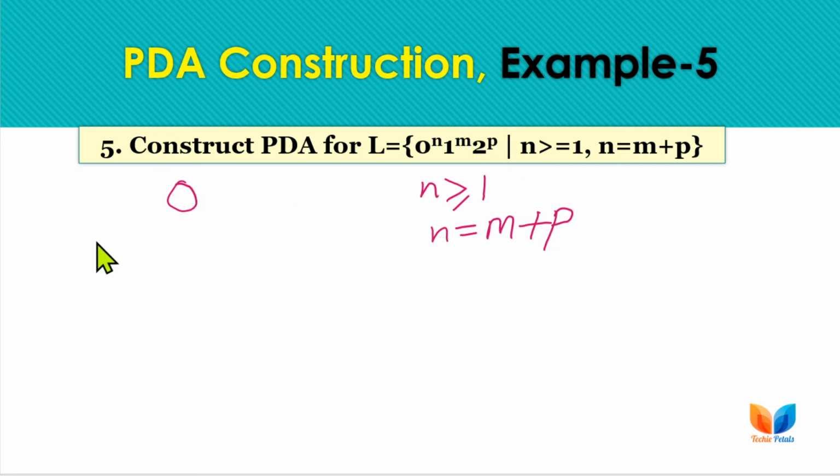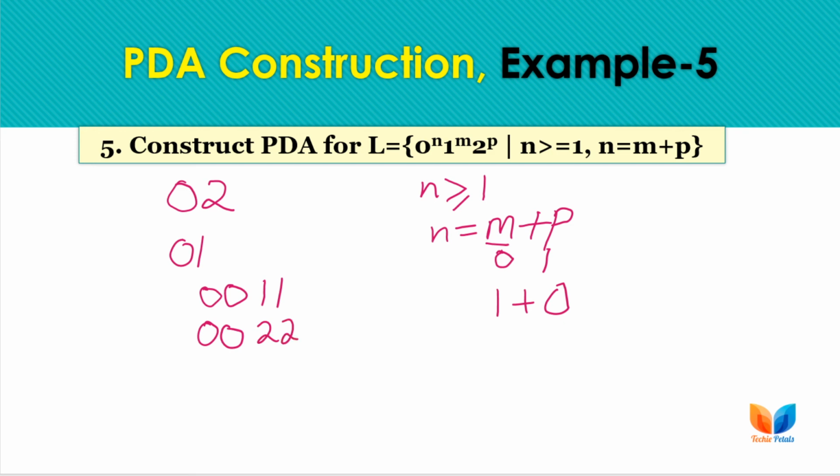So if we have one 0 in the string, then either m can be 0, in which case p must be 1, so the minimum string is 0 2, or if m is 1, then p can be 0, and the minimum string is 0 1. After that, if we have two 0s, then we can have either two 1s, or two 2s.